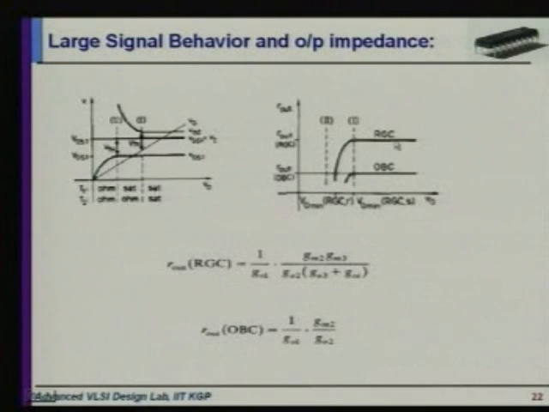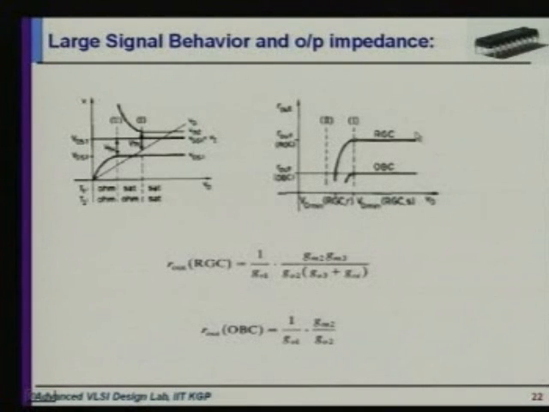See, this RGC is the regulated cascode, and OBC is the optimized simple cascode stage, optimized bulk bias voltage. For the same VO min, that is 2 VOB, in both cases, RGC and OBC, we are getting a higher value of the output resistance.